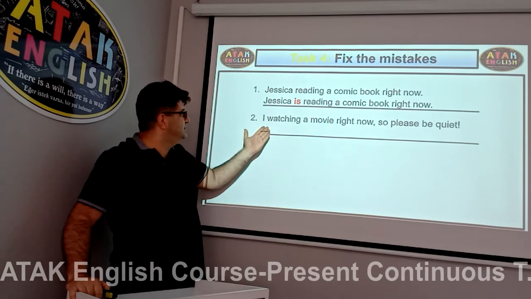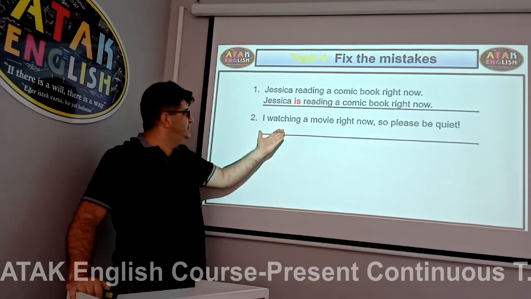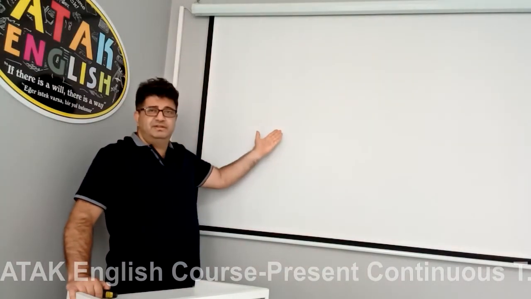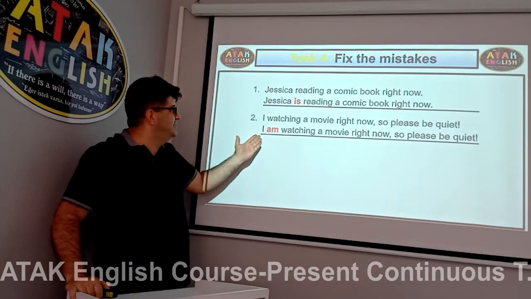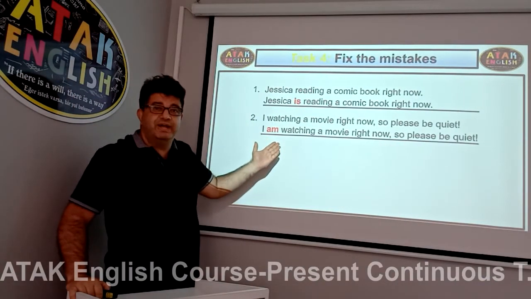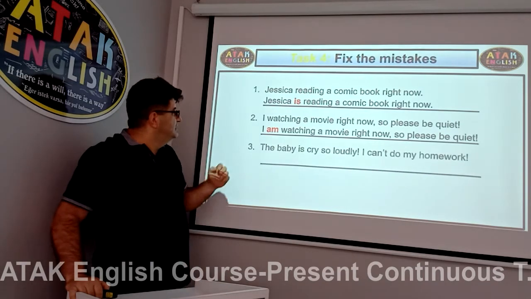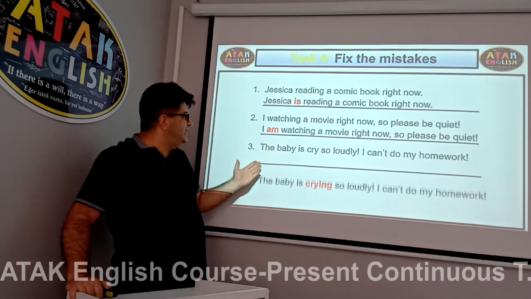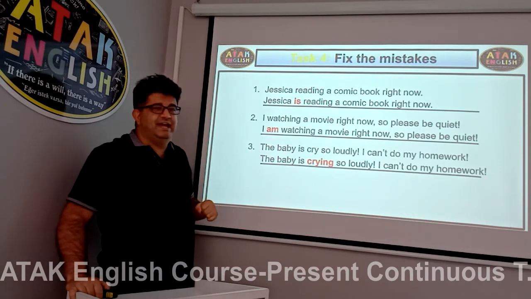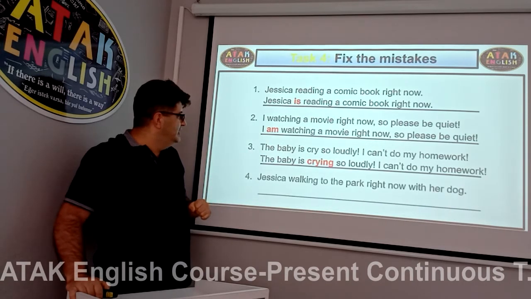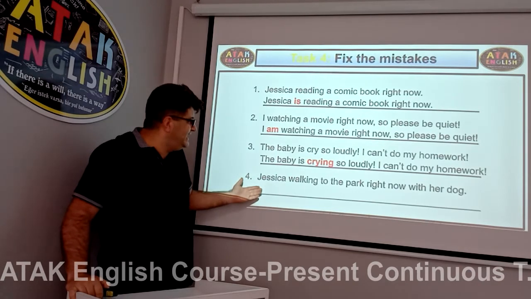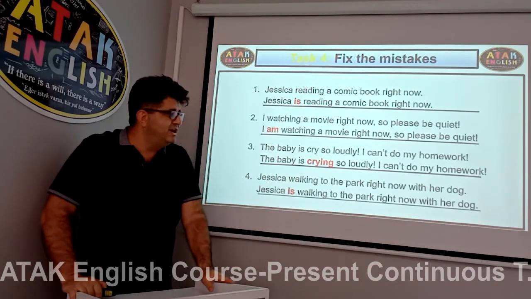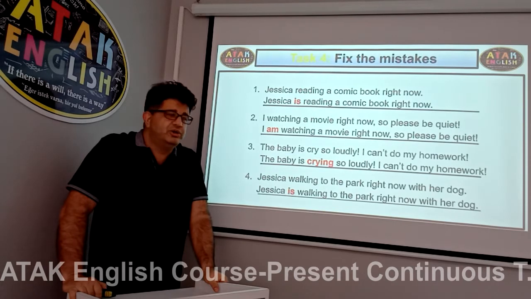I, subject, plus, there is no to be. I am watching a movie right now, so please be quiet. The baby is crying so loudly I can't do my homework. Jessica, there's no to be here. Jessica is walking to the park right now with her dog.